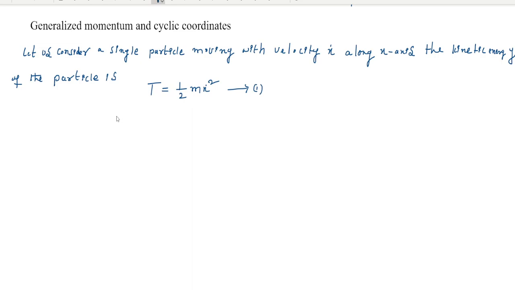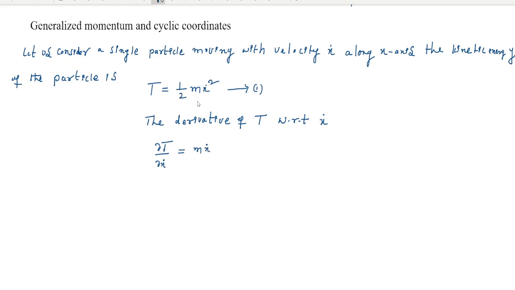The derivative of this kinetic energy T with respect to x dot, that means the partial derivative of T with respect to x dot, equals m x dot.